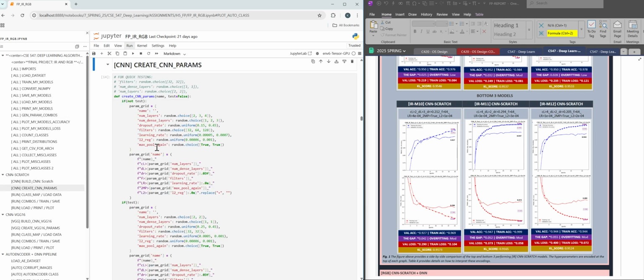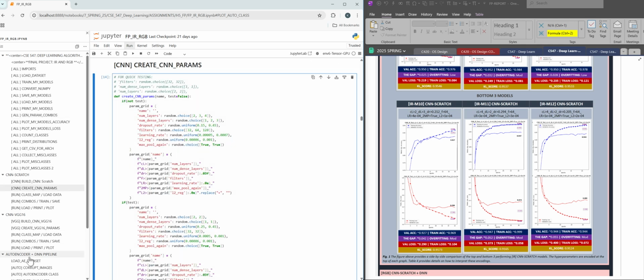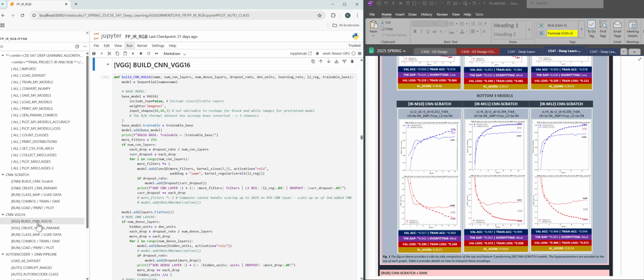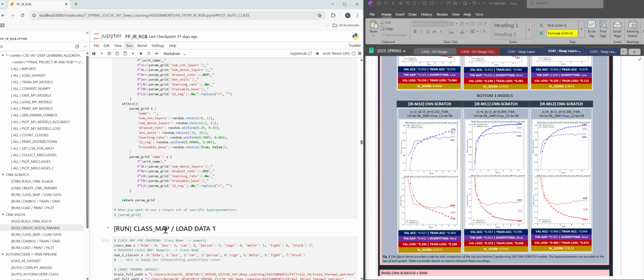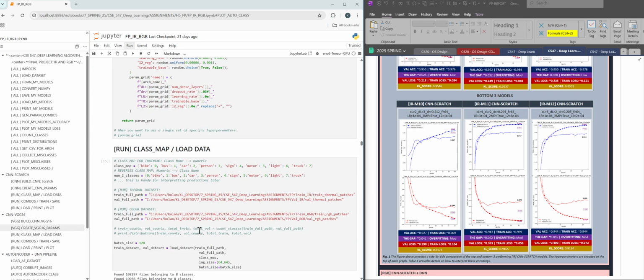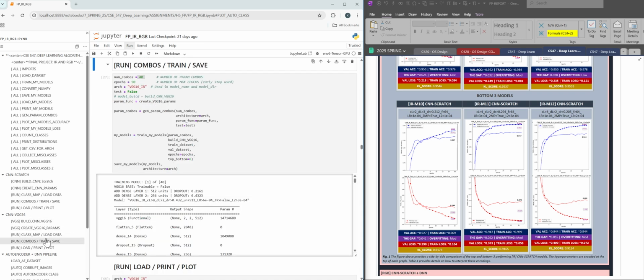I tried to keep it the same between the CNN Scratch and VGG16, so that it had the same range of accessible values, but I did change a couple of things. I believe I did more combos for VGG16 than Scratch.